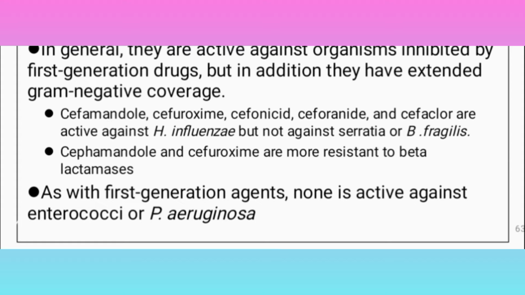The others concentrate on gram-positive, but these have an extended activity against gram-negative bacteria. Cefamandole, cefuroxime, cefonicid, and ceforanide, and cefaclor are active against Haemophilus influenzae, but not against Serratia or Bacteroides fragilis.